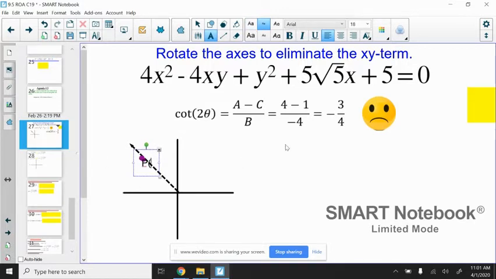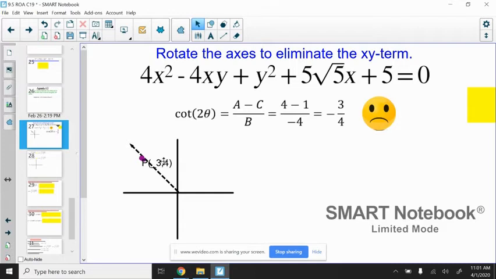Since I am in quadrant 2, this negative sign applies to the x coordinate, not the y coordinate. So x must be -3 and y must be 4. Nice. Except for my notational error. Quick fix right there. There we go.